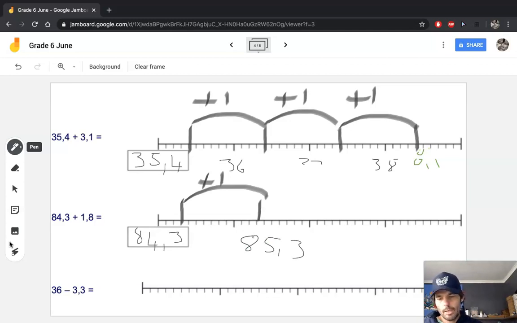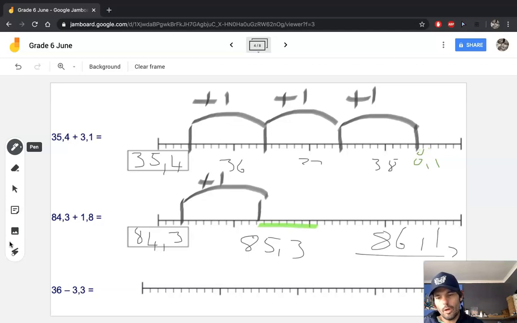Okay, and then if we count 8 tenths from 85,3, you can see where we end up, and then we just need to write our answer down, which is going to be 86,1. Okay, so again, nice and easy to visualize.